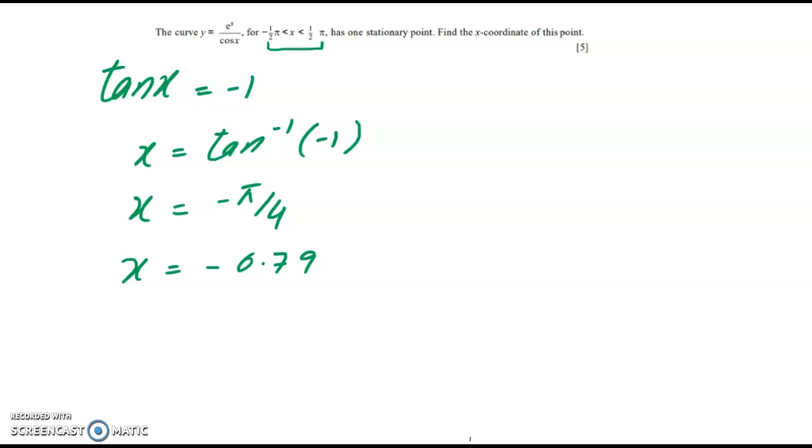It should be three significant figures, so if we simplify this, it is 0.785, because you remember in A levels we have to give the answer in three significant figures. So here this will be our answer.